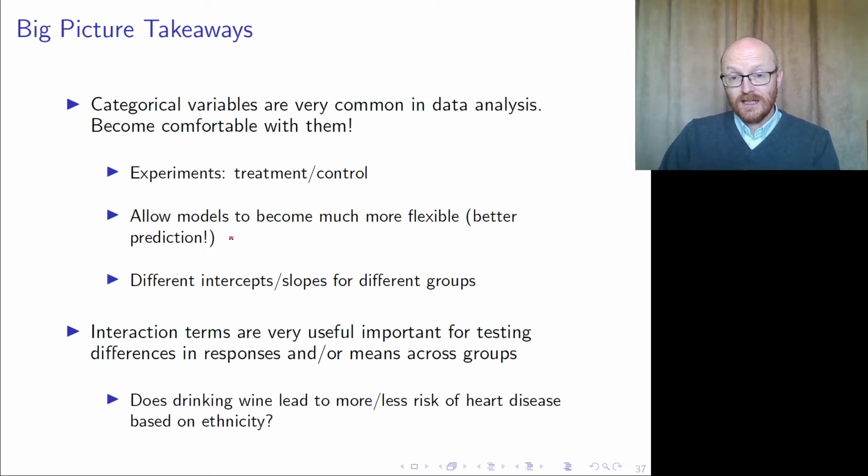For example, you can capture seasonality with these categorical variables, and you can check for different intercepts and slopes.